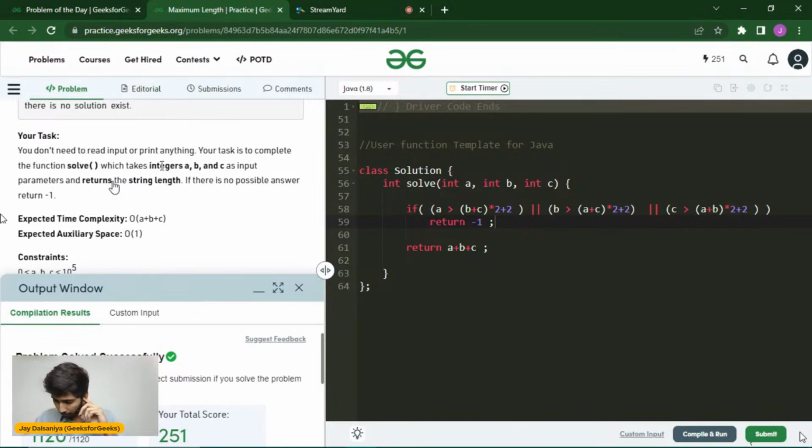Can we take the maximum of 3 numbers and check? Like, can you elaborate, maximum of 3 numbers and check? Yes, you can take the maximum of 3 numbers as well. But then there would be many different comparisons, right?